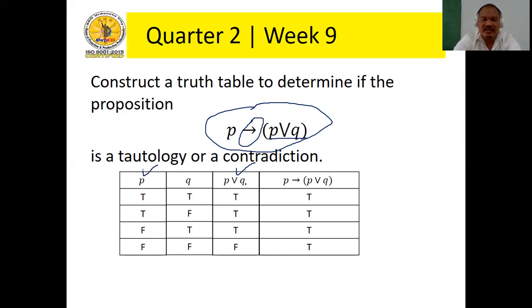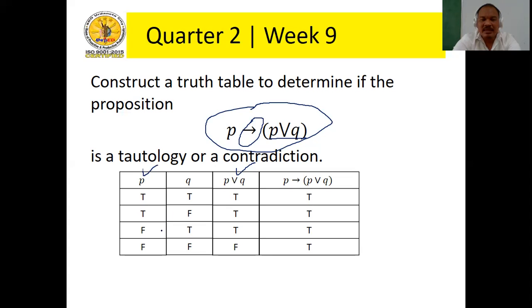So the most important thing that we have is, if the conclusion is true, then the statement will become true. Or if both the hypothesis and the conclusion are false, then this will become true. Okay.